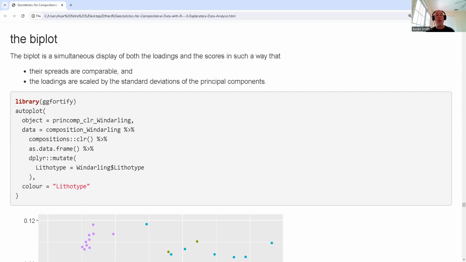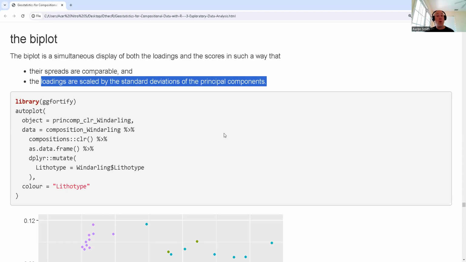So the biplot is a simultaneous display of the loadings, that's how each original variable contributes to the principal components, and the scores, which are the transformed version of my original data. And so this way we can see the spreads of the data and of the loadings, and the loadings are scaled by the standard deviations of the principal components.